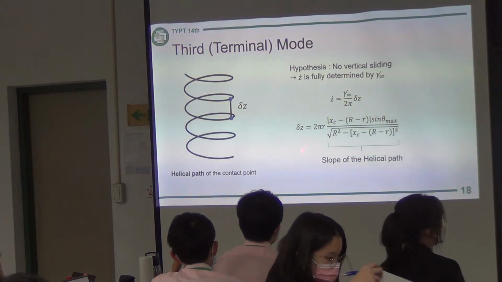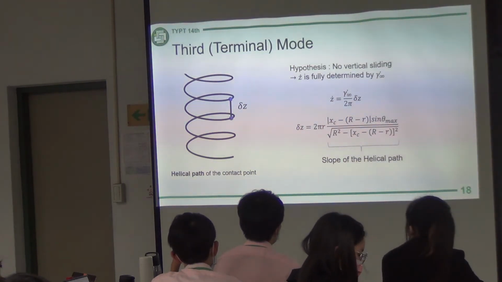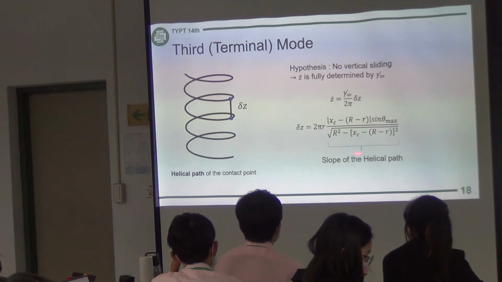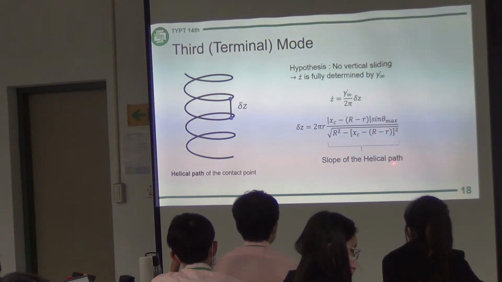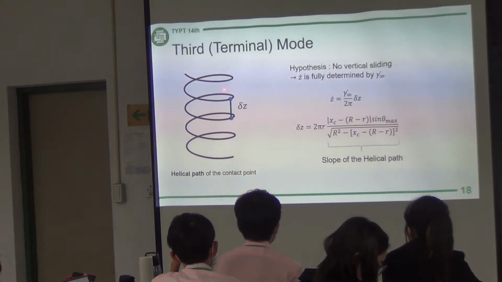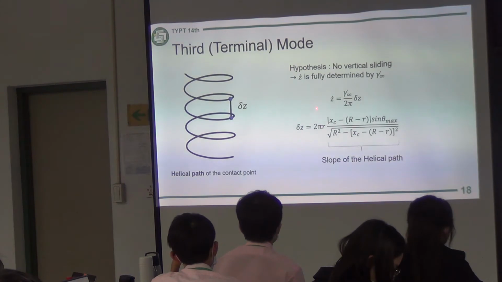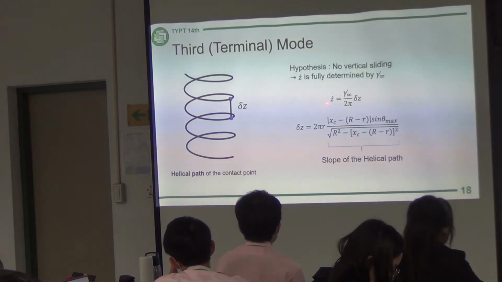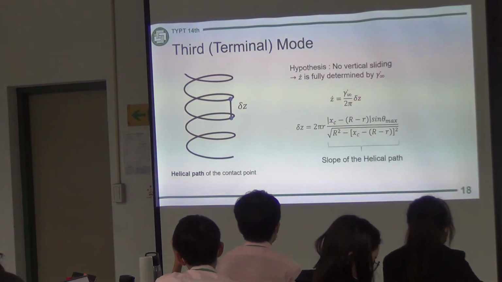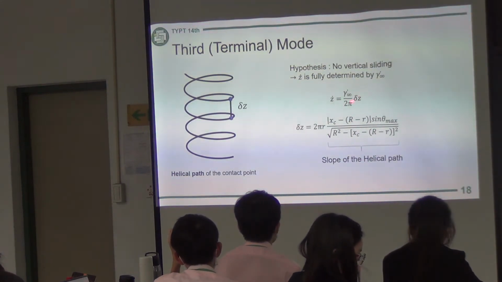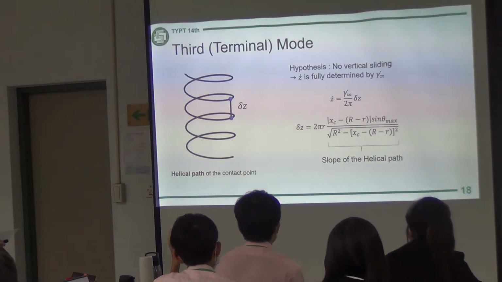So we can get delta z like this from this chart, and this part of the formula is the slope of the helical path, which is the slope of this. So we could measure the terminal linear velocity and also calculate the delta z, and finally calculate the terminal angular velocity.